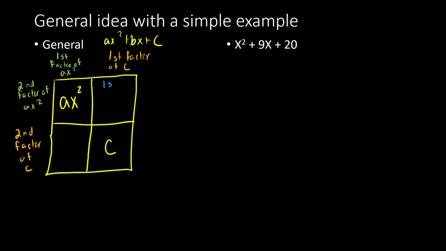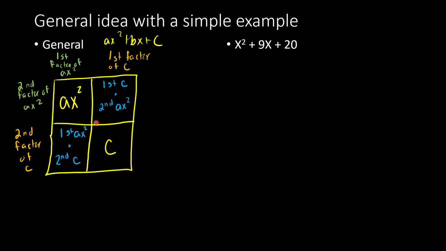This would be the first of the c factors times the second of the ax squared factors. That's what's going to go into that box there. And then this one over here would be the first of the ax squareds times the second of the c's. Okay, so just so you see what's going on there.